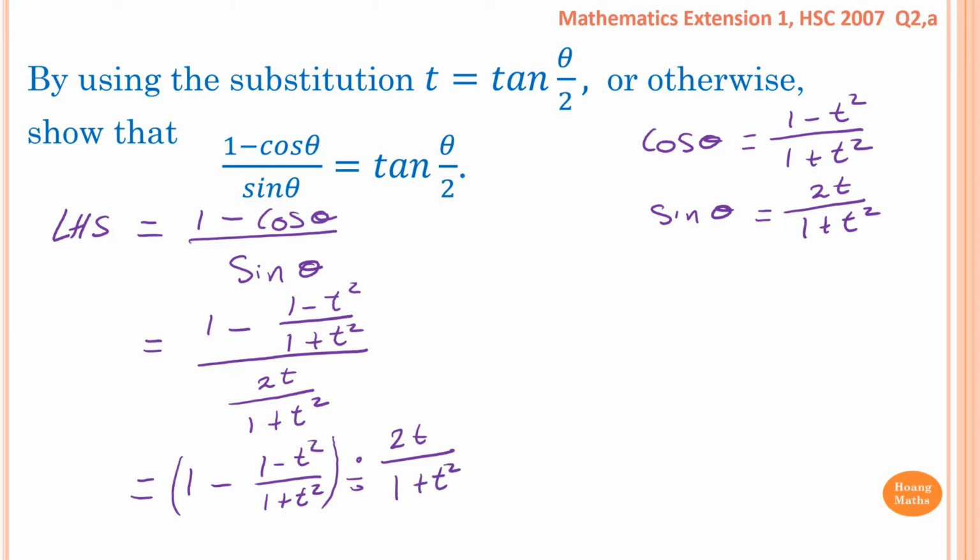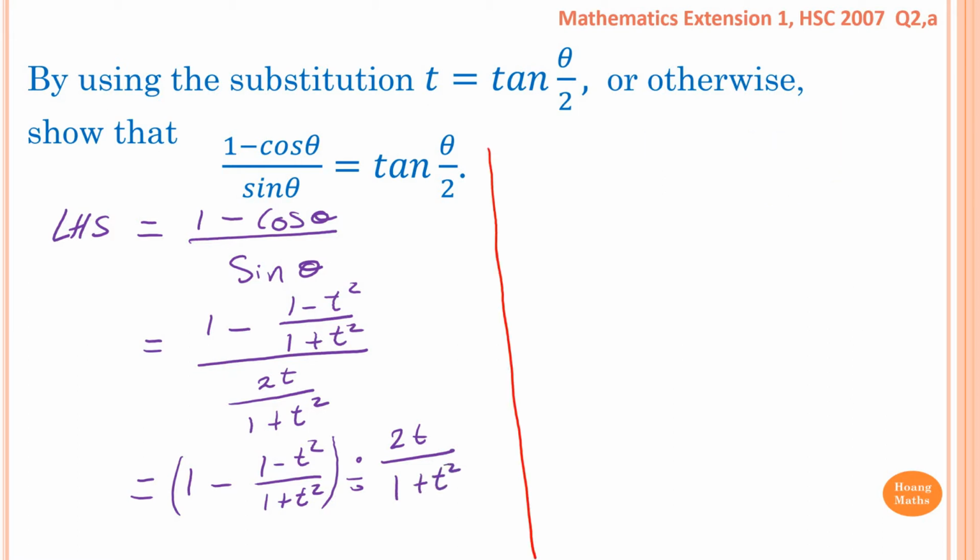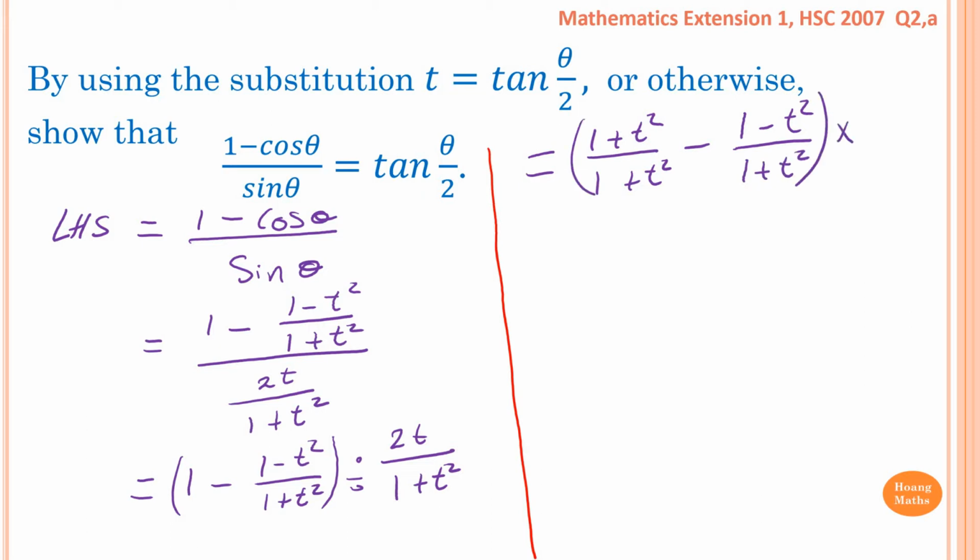That is equal to 1 plus t squared over 1 plus t squared minus 1 minus t squared over 1 plus t squared, and this is times by, now remember, dividing by fractions, I just flip the fraction and it becomes multiply, so that is 1 plus t squared over 2t.